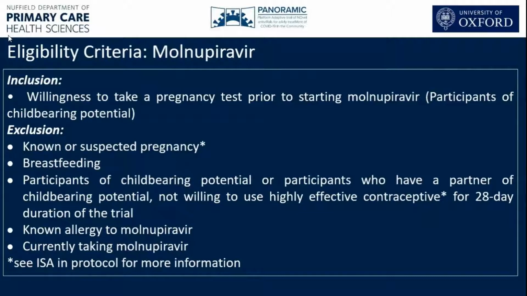Specific exclusions include known or suspected pregnancy, breastfeeding, participants of childbearing potential or participants who have a partner with childbearing potential and are not willing to use highly effective contraception for the 28-day trial period. And methods of contraception that will be accepted on the trial will be relayed to the participant at screening, and you can also look in the ISA for more information on this. Participants with a known allergy to molnupiravir or if they're currently taking the drug will also be excluded.